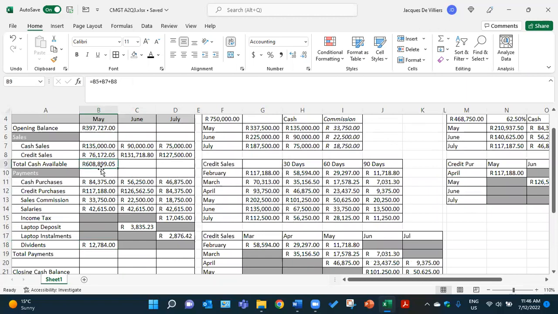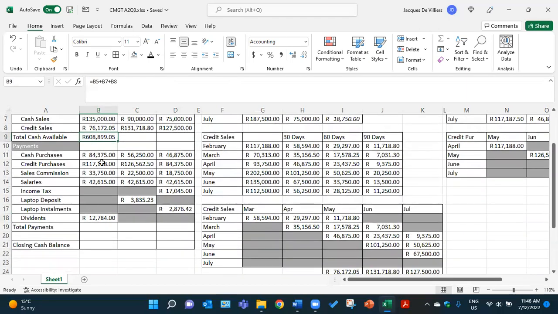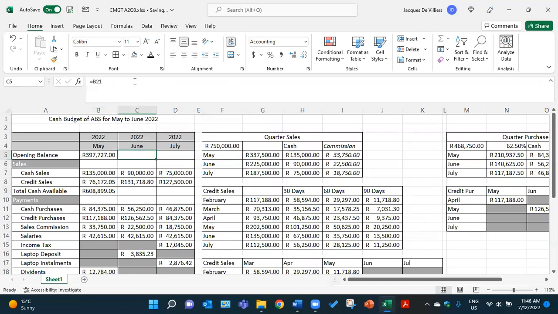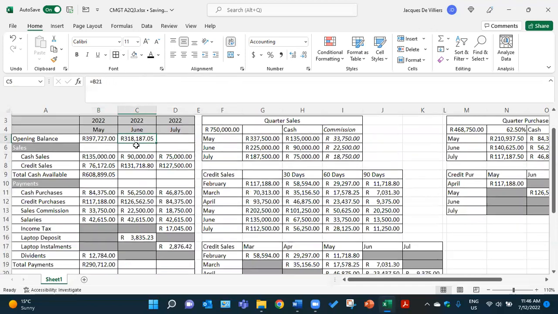I have my total cash available there. And now if I total everything under payments, and I have my total cash available and my total payments, my closing balance will be the difference between the two. If that is my closing balance at the end of the month, that is my opening balance at the beginning of the month.